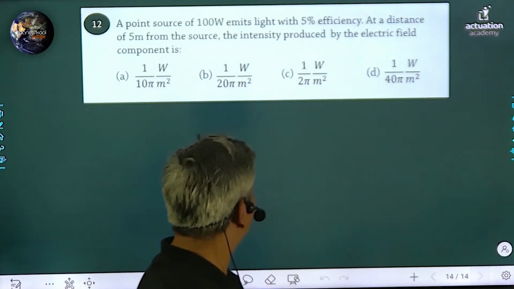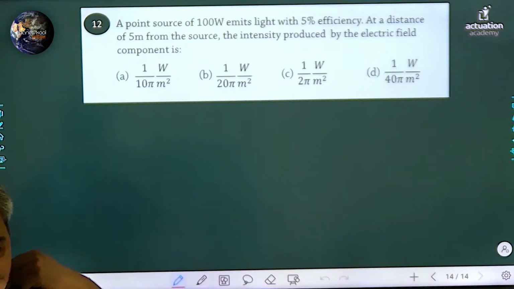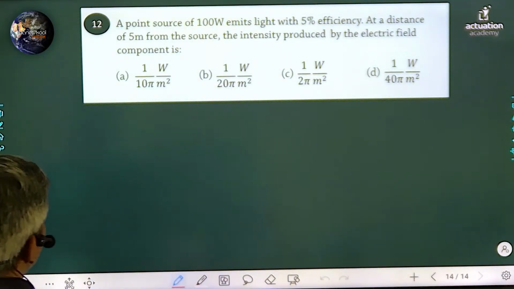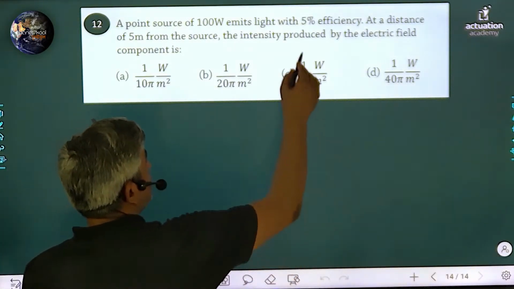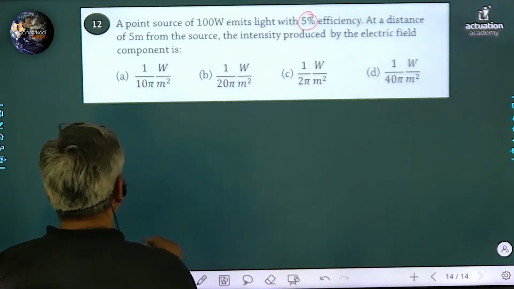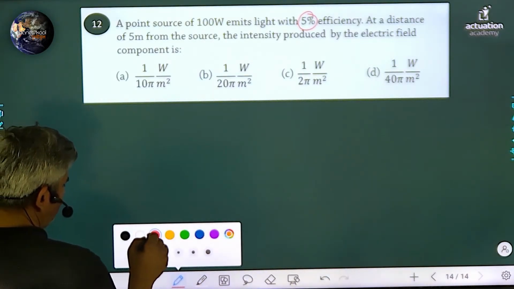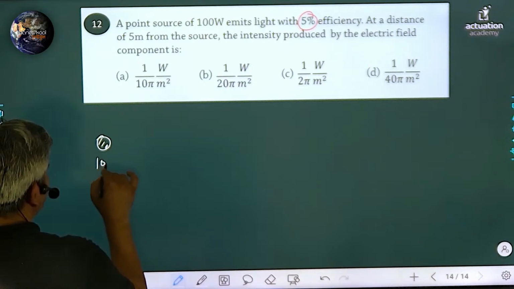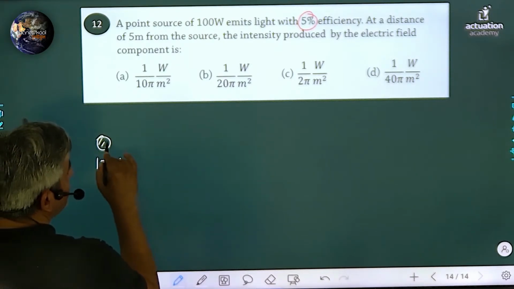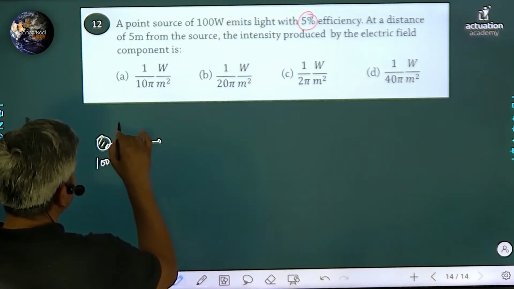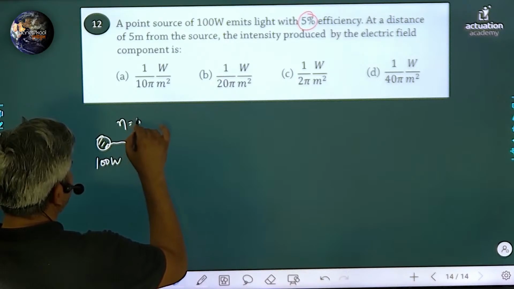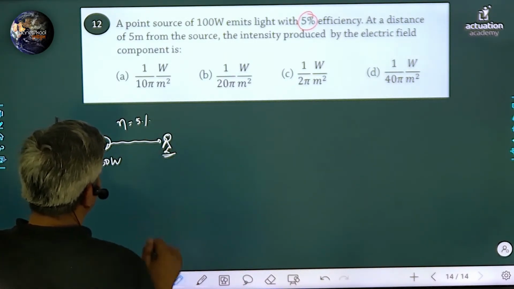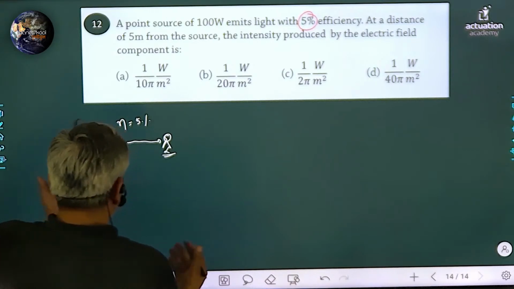So let's move to the last question. A point source of 100 watt emits light with 5% efficiency. So we have a point source which is of 100 watt and it's emitting light and its efficiency is 5%.